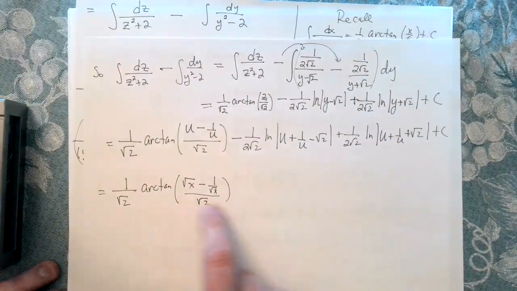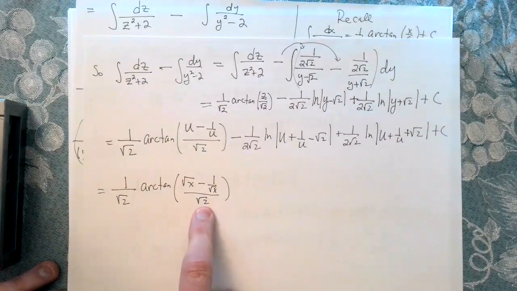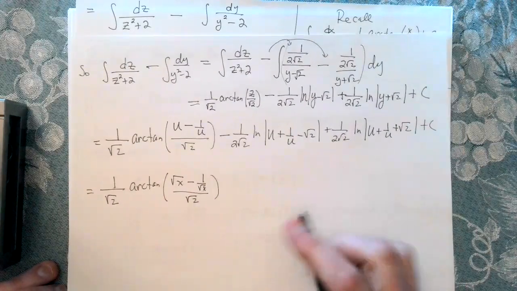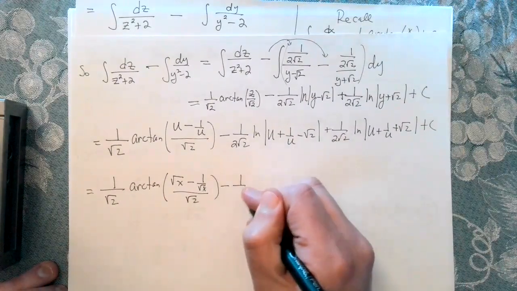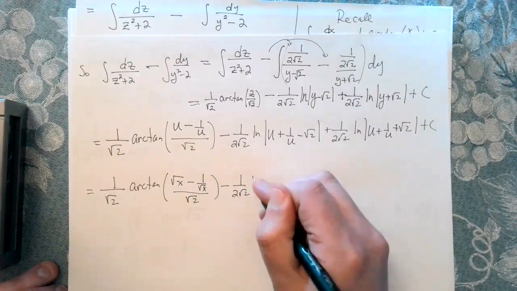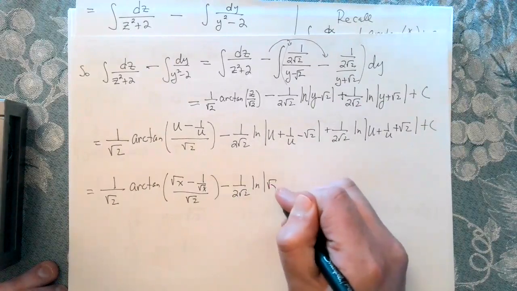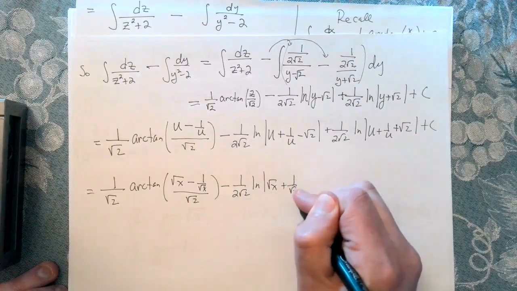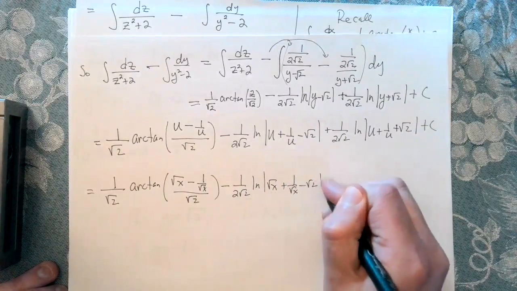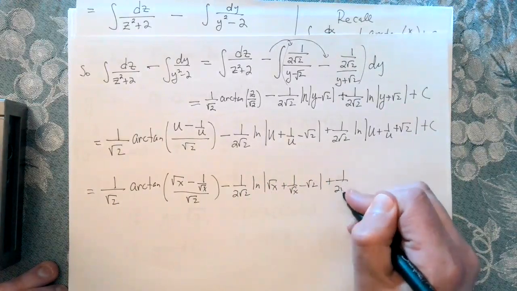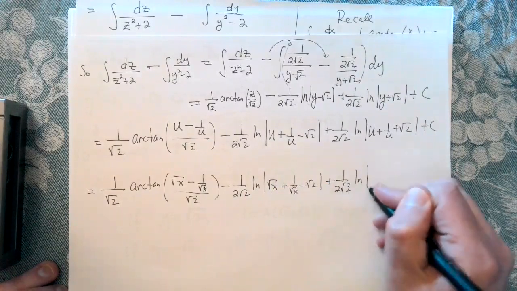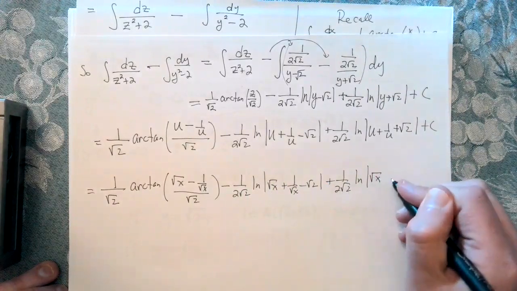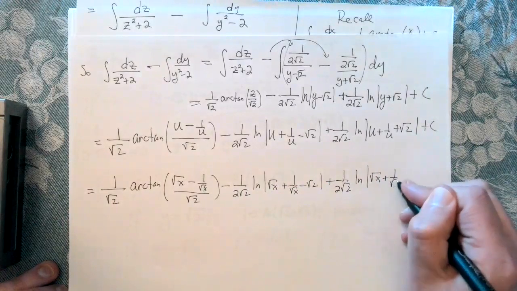Okay, so of course you could bring the radical 2 up, and that would be in both denominators. That would be fine. Okay, so yeah, u is the square root of x, just by our very first substitution.